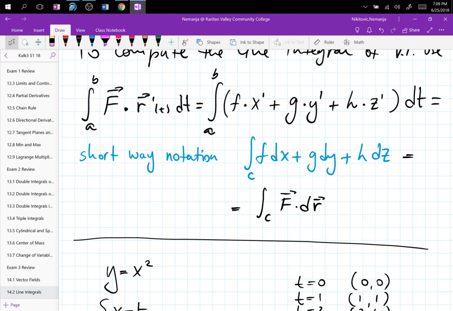Or they say quarter circle counterclockwise. Counterclockwise is the standard, cosine then sine, and then clockwise is backwards, sine and cosine. So these are the things you have to be careful with.